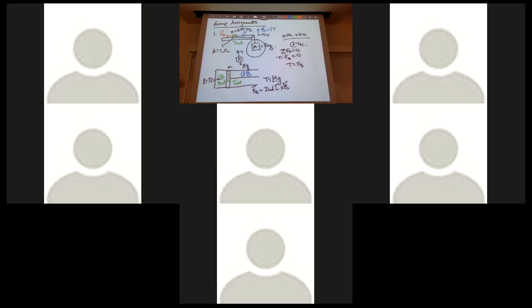But in this case, since the magnetic field is this way and current is this way, the angle between the two is simply 90 degrees. So this is equal to the induced current times the length times the magnetic field. So this means that mg is equal to I induced times the length times the magnetic field.